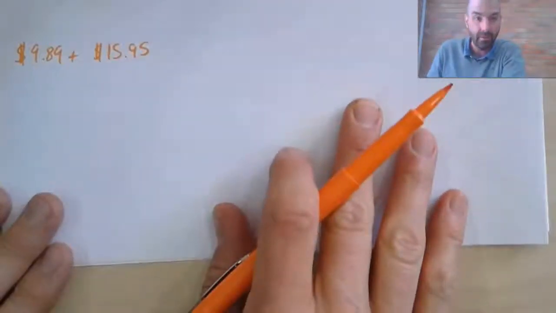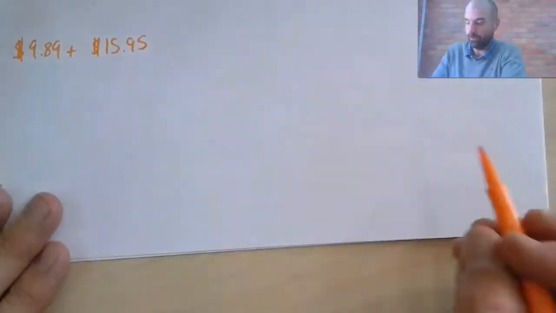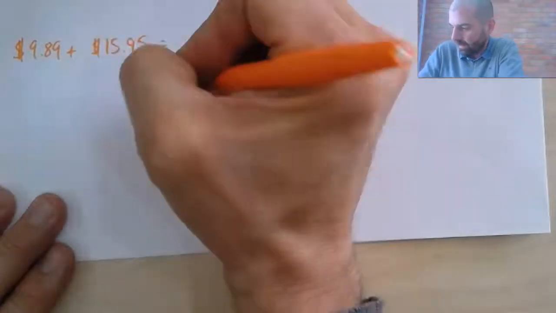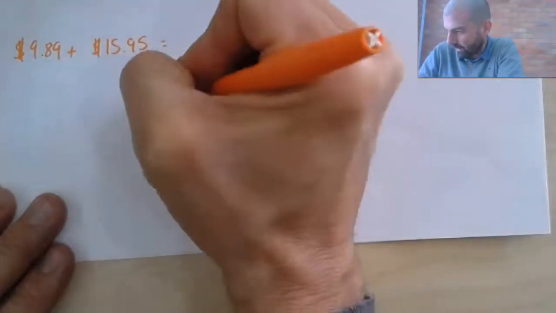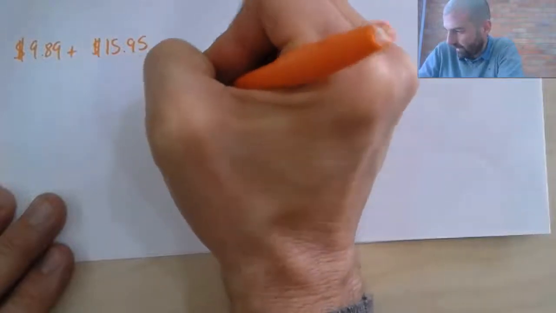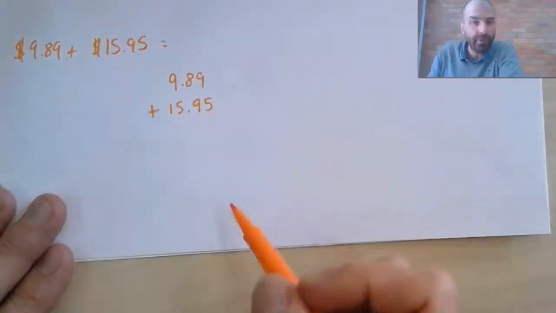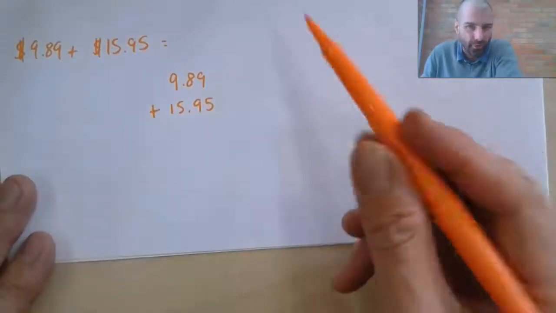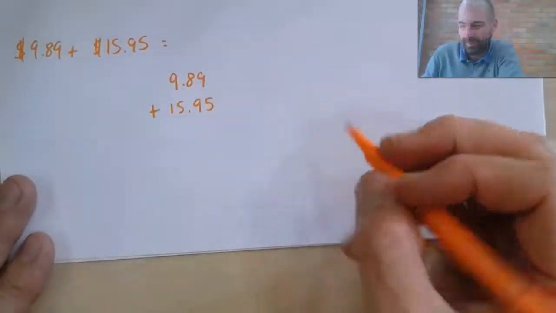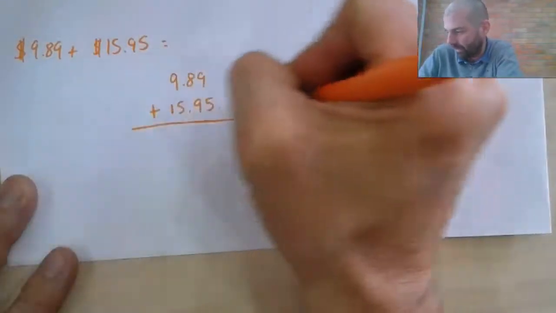So I take that back. But if you get this right, super, super cool. All right. So if I have 9 and 89/100ths and I'm adding that to 15 and 95/100ths, they're both pretty close. Me personally, 15 and 95/100ths is closer, so I'm probably going to use that. It's closer to a friendly number.